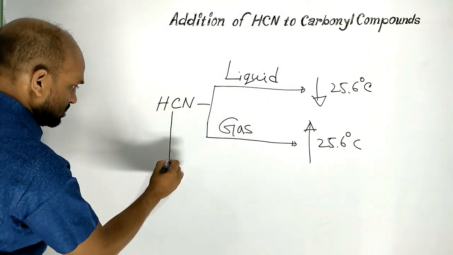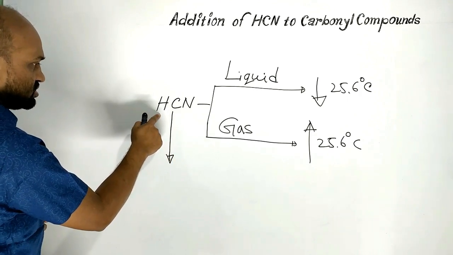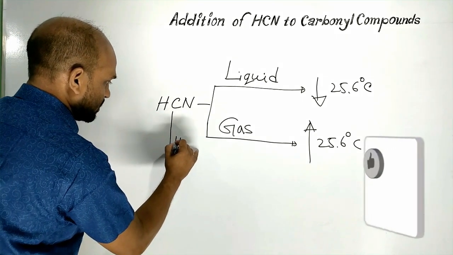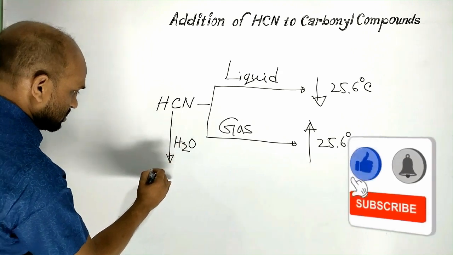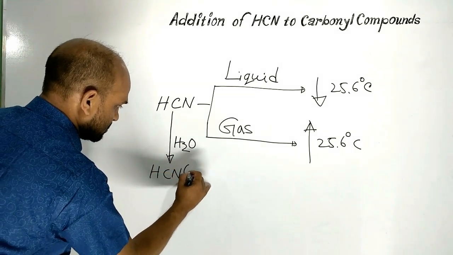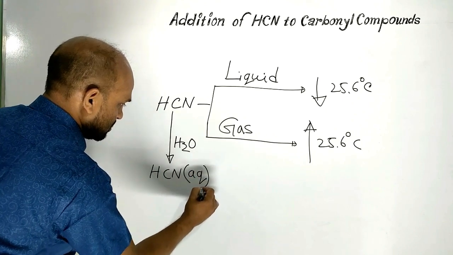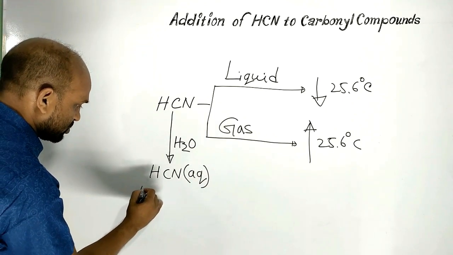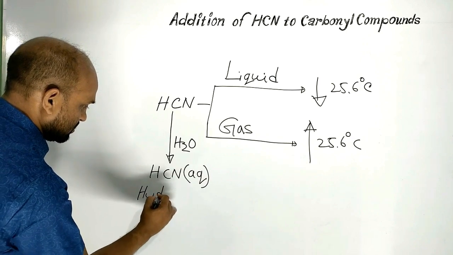When this hydrogen cyanide is dissolved in water, that aqueous solution of hydrogen cyanide is known as hydrocyanic acid.